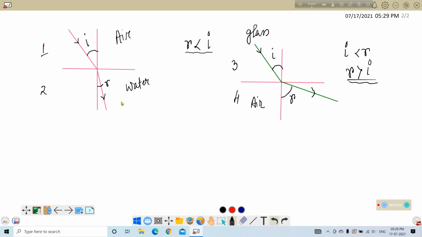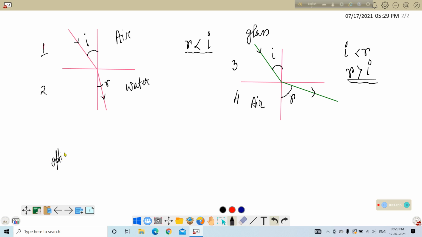Now, in the NCERT book, very good information regarding optical density and physical density has been given. Optical density should not be confused with mass density.